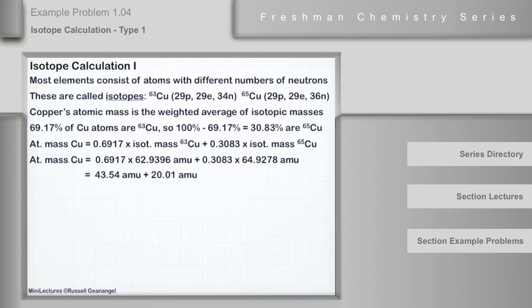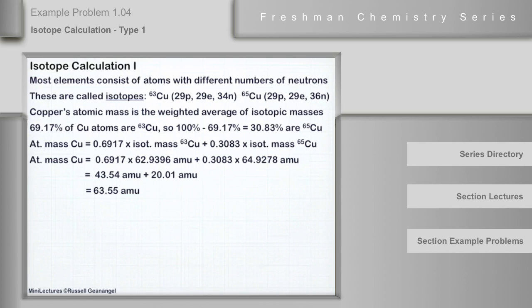The first one, copper 63, being 43.54, the second one being 20.01 for copper 65, and that adds up to 63.55, the weighted average atomic mass for the overall sample, the large sample of the copper atoms that we're going to use in the experiment.